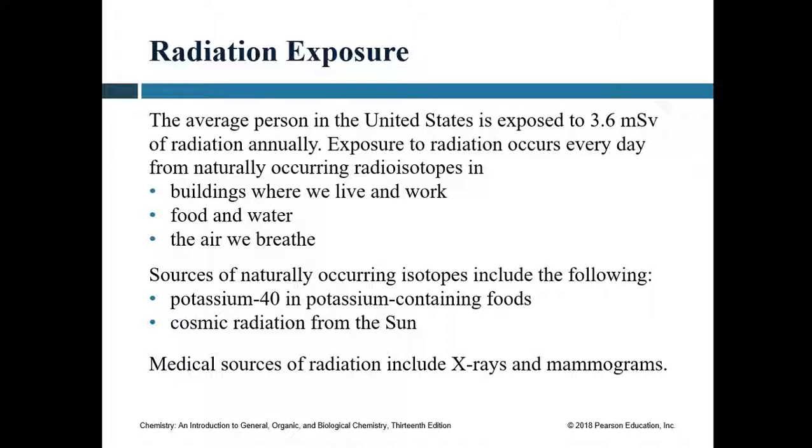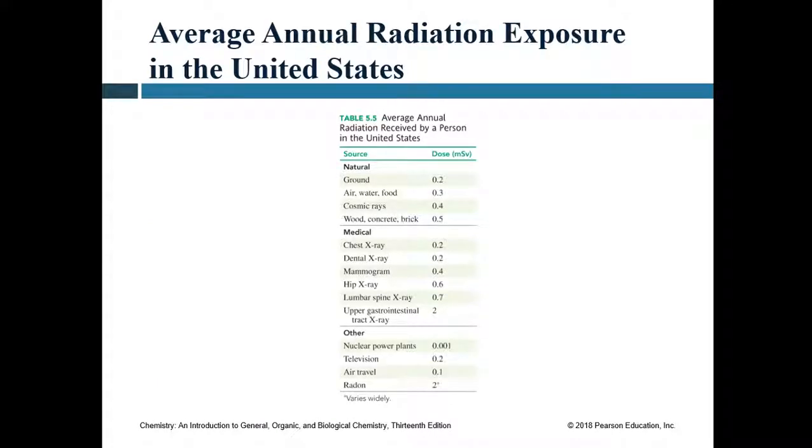Sources of naturally occurring isotopes include the following: potassium-40 and potassium-containing foods, and cosmic radiation from the sun. Now, medical sources of radiation also include X-rays and mammograms. And so, in Table 5.5, you can see the average annual radiation received by a person in the United States. And so you'll notice the natural, the medical, depending on your X-rays, and other.